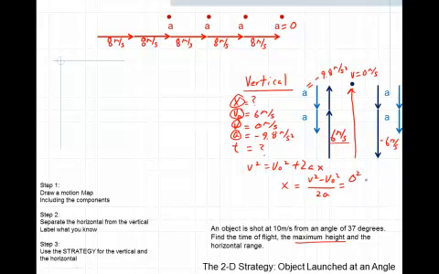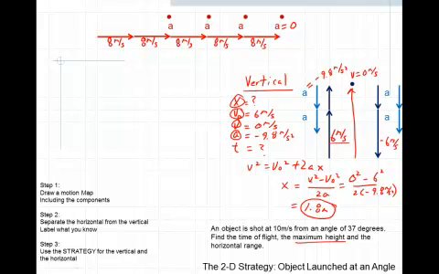Normally, in the best of all worlds, we would leave the units in. And in this case, we get a maximum height of 1.8 meters. That's our maximum height.